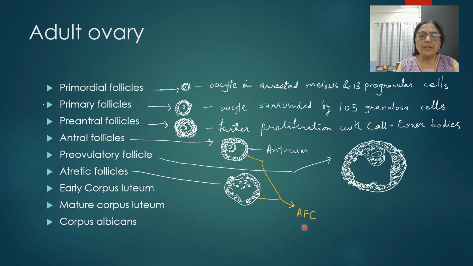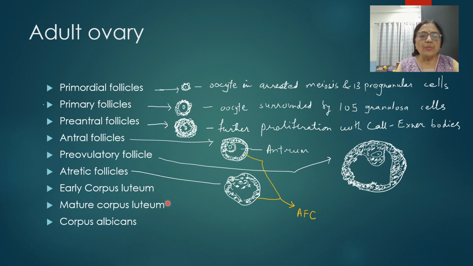But whenever we do antral follicular count as a test for ovarian reserve, we are counting both these antral follicles as well as the same size follicles which might be going for atresia. It is very difficult by ultrasonography to differentiate between these two.